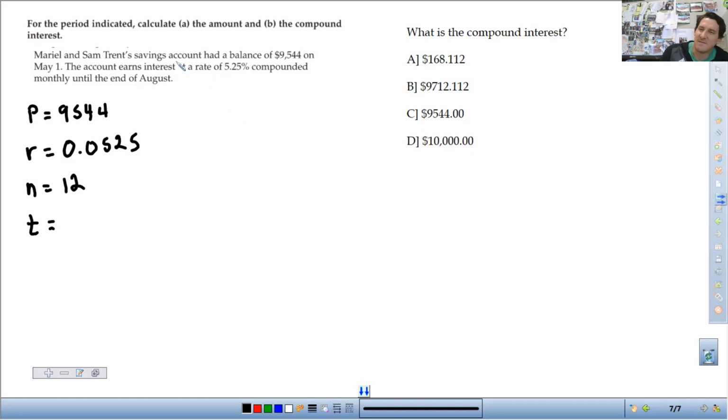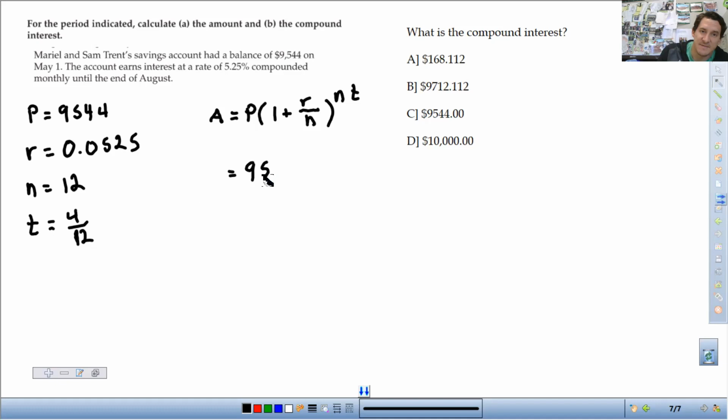This isn't very clear how this is worded. So I'm going to say it's 4 times out of 12. So 4 months out of 12. So remember, T is time in years. So we're doing 4 out of 12 months. So we put this into the formula. So again, it's the principal times 1 plus the rate divided by how many times it's compounded, and then it's going to be the number of times compounded times the years.